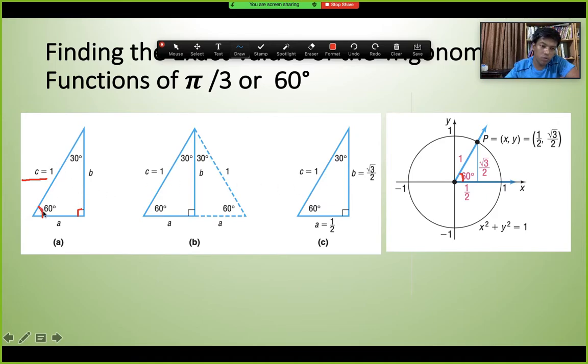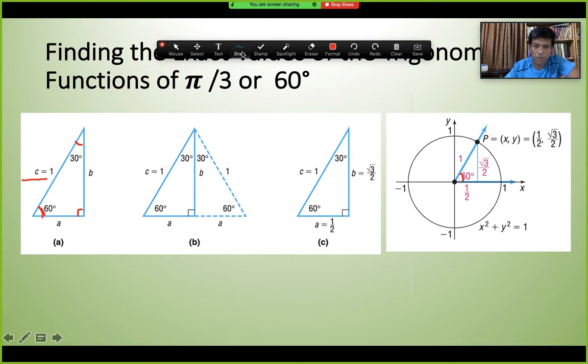Now see, how can we extend this idea? First of all, when we know that this is 60 degree, since this is 90, automatically we know that this must be 30, because 60 and 30 makes 90. Then 90 plus 90 total is 180. Now, can we draw another triangle here having the same 90 degree angle and the same 30 degree angle?